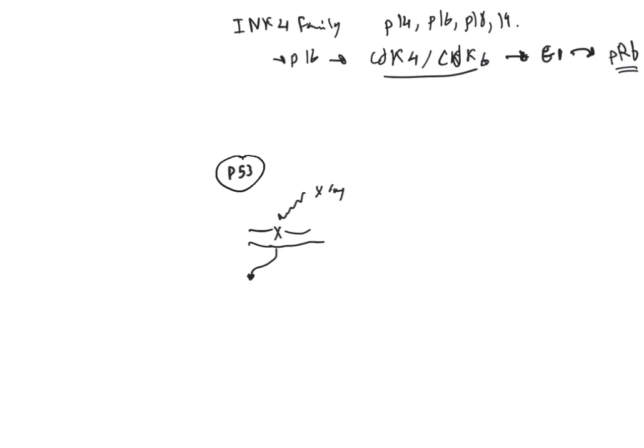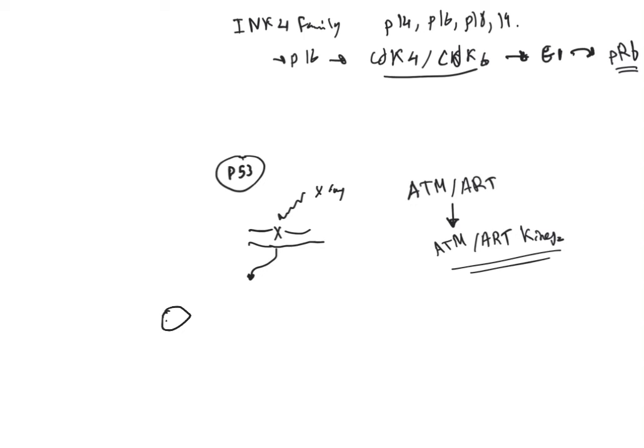Also, one of the most important tumor suppressors or inhibitors of the cell cycle is P53. It's regulated by the ATM/ATR gene. These code for ATM/ATR kinase, which can activate P53 via phosphorylation. So this is P53, attached to it is MDM2.